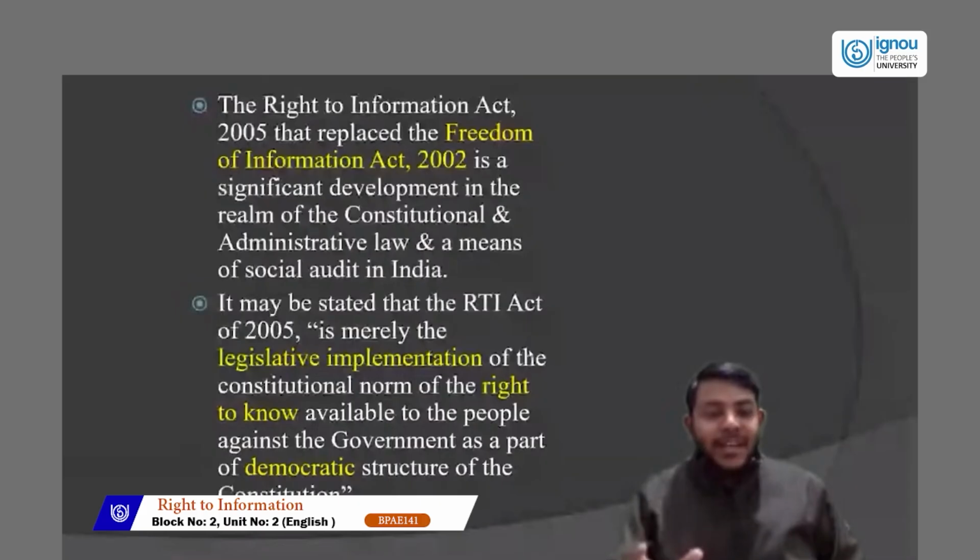So that is a fundamental right, and the RTI Act of 2005 is just a legislative implementation of that fundamental right that we already have from the constitution.